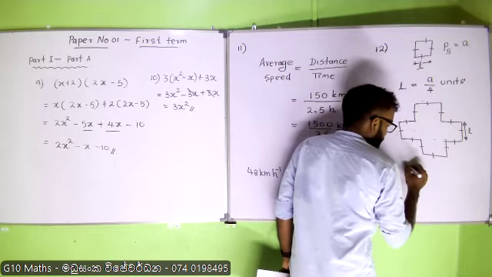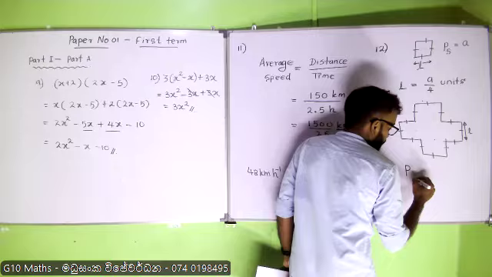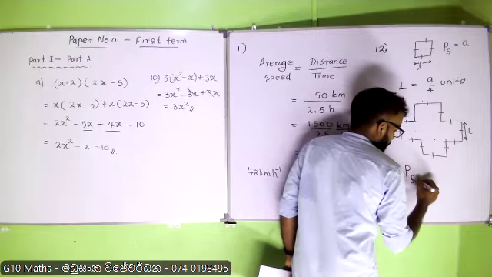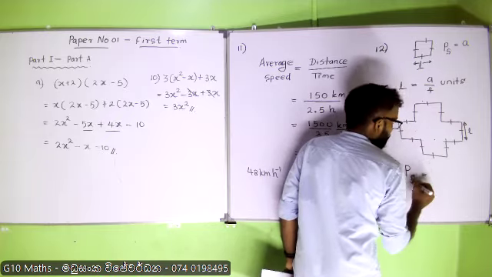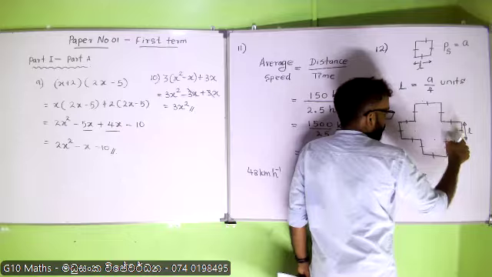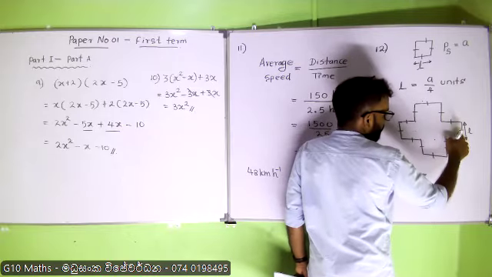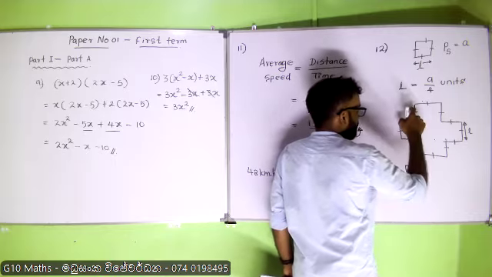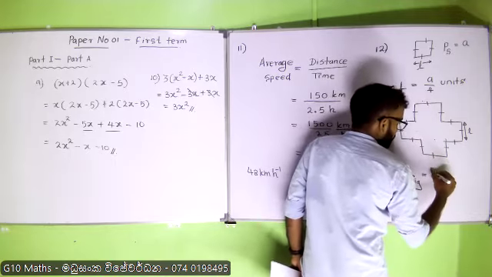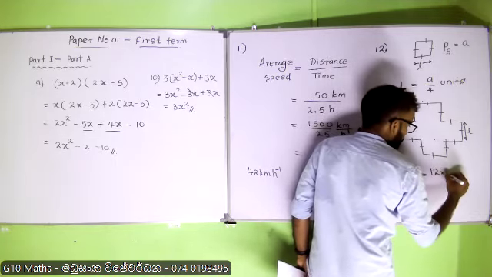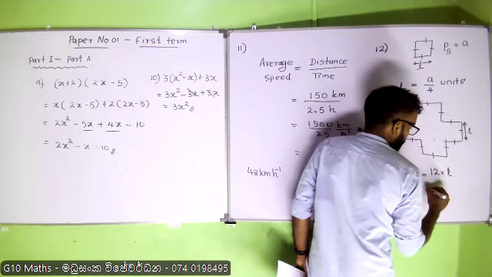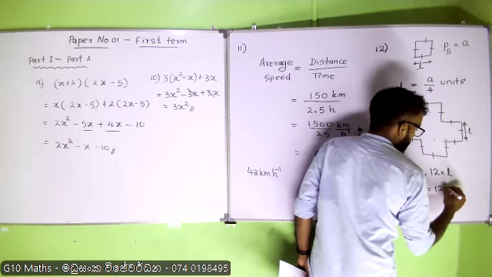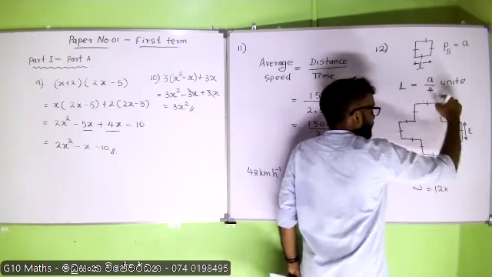If you want to find the perimeter of the full figure, you have to add them. I will begin from here: 1, 2, 3, 4, 5, 6, 7, 8, 9, 10, 11, 12. There are 12 L's. 12 multiplied by L, which means A divided by 4.